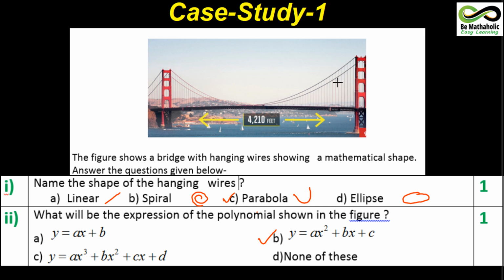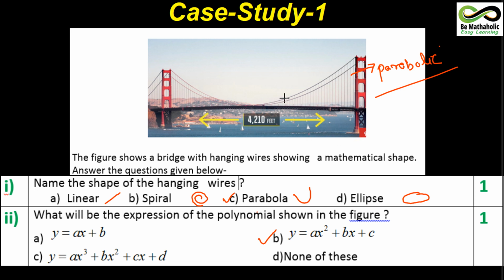This shape is called a parabola, right? Here you can see I have marked some of the things over here. Whenever you happen to see this type of shape, it is called a parabolic shape.